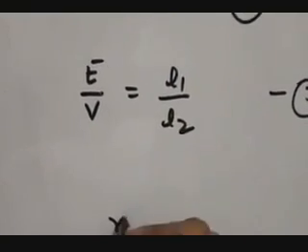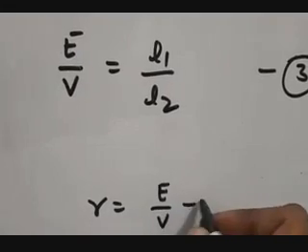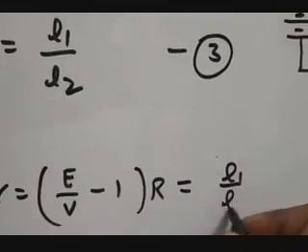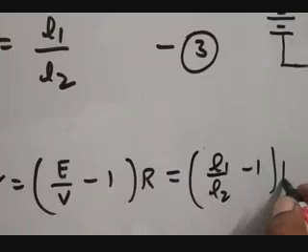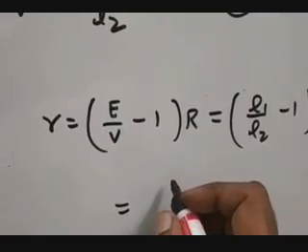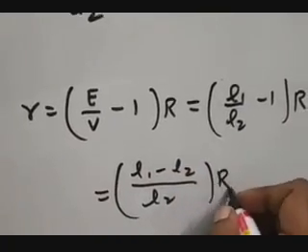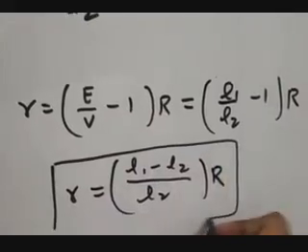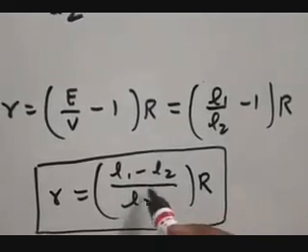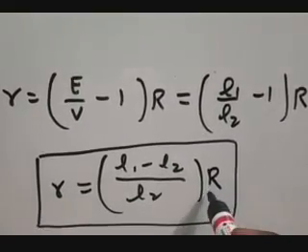And we have to find the internal resistance. For internal resistance we know that r is equal to (E upon V minus 1) into R. So we put the value (L1 upon L2 minus 1) into R. Or we can also simplify it like (L1 minus L2) upon L2 into R. L1, L2 we measure from the experiment, and R is the resistance that we have taken out from the resistance box.